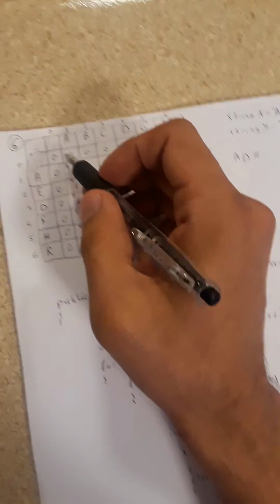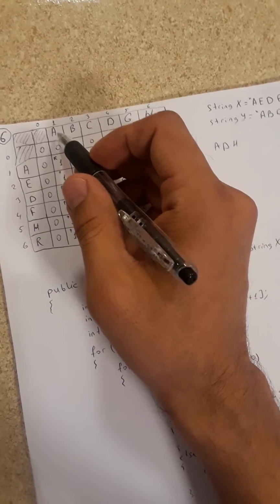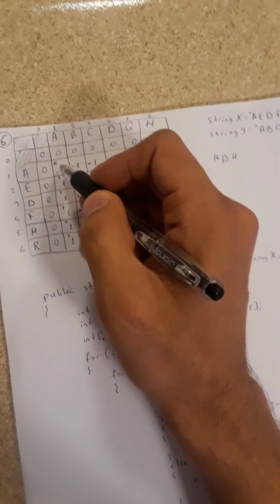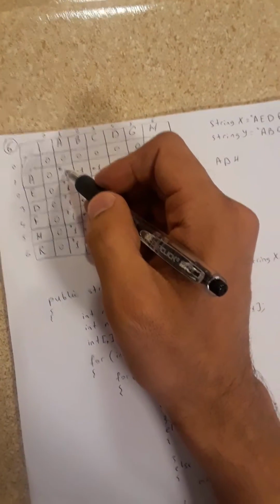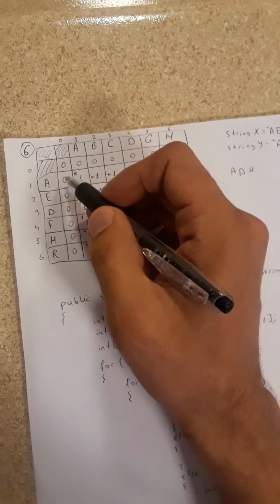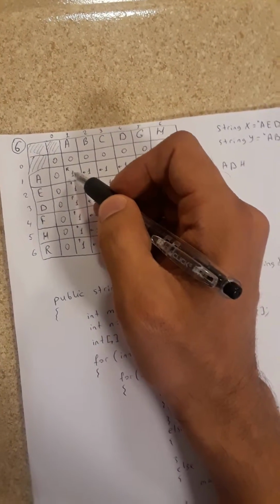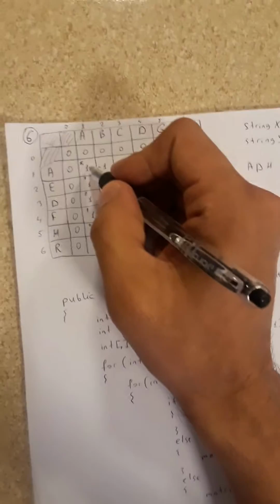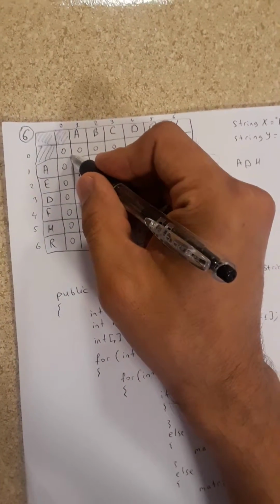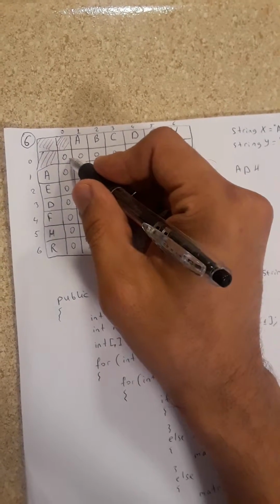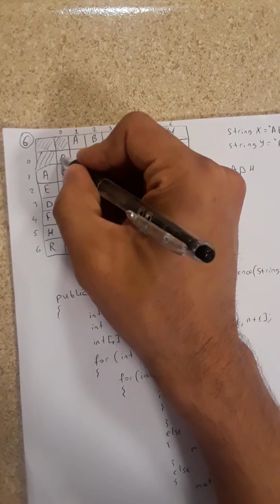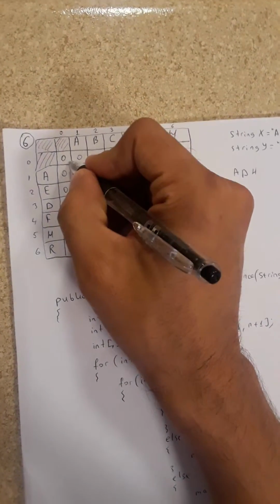But then, starting from the first letters of each string, we have to check whether the letters are equal to each other or not. In case they are equal, we look at the top left cell and increment it by 1.